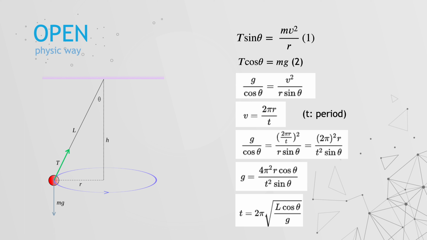And we combine these two formulas together, we get the third formula: g divided by cosine theta equals v squared divided by r sine theta. And we also know that v equals 2 pi times r divided by T, and this T means the period of the flying pendulum.